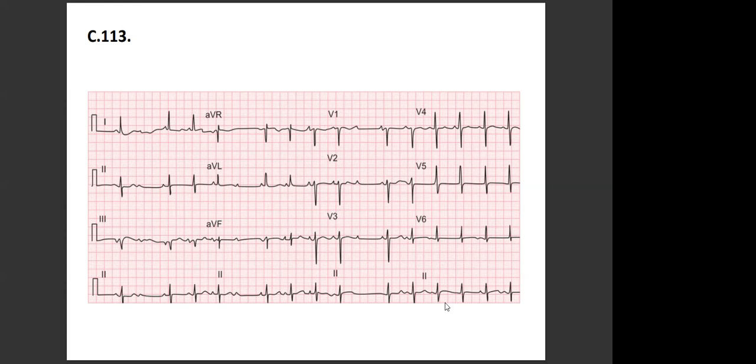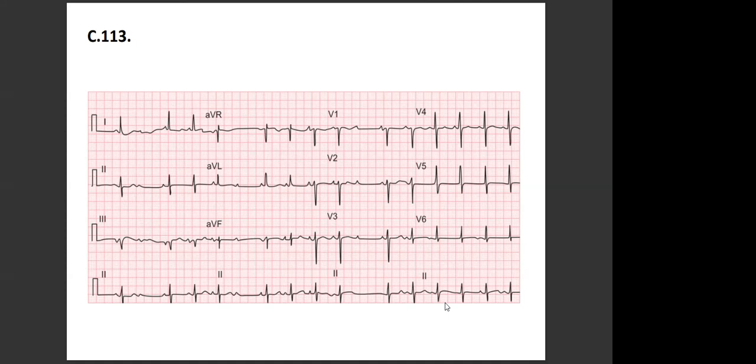And I also did another approach, and the axis is in between like 0 to minus 30 degrees. So it shows the left deviation.